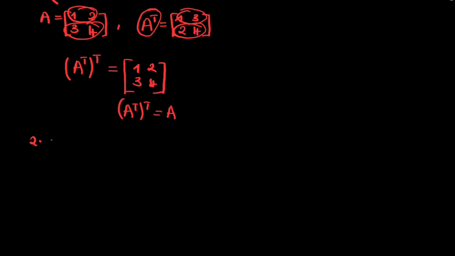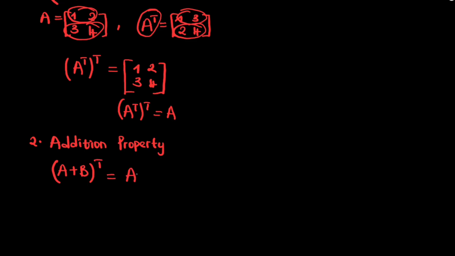Let's take the second property, which is the addition property. This property says if I have A plus B and I take the transpose, then it is the same as A transpose plus B transpose.